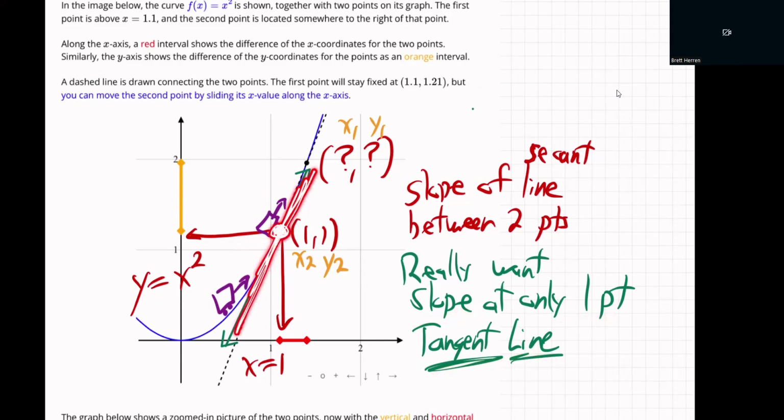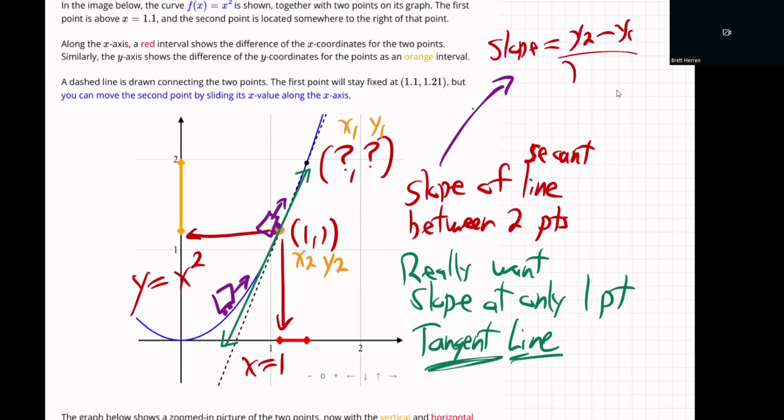Well, how do you calculate the steepness of a curve at only 1 point? We know how to do 2 points, right? We can calculate the slope with the slope formula. Slope with 2 points is y2 minus y1 over x2 minus x1. You need 2 points. That's a secant line.